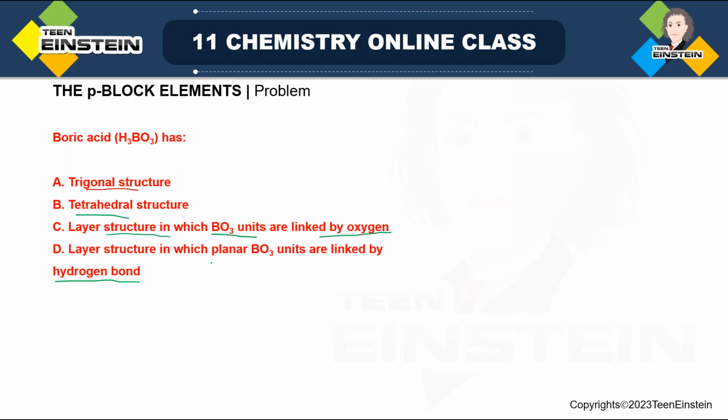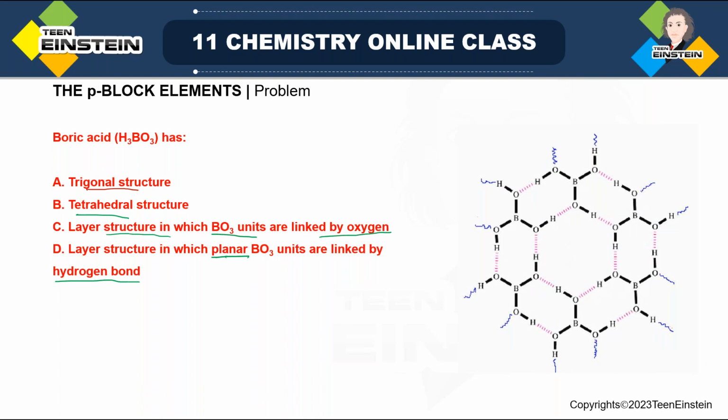Same information, only extra is planar BO3, which is true, and linked by hydrogen, not oxygen. So the first option, we cannot completely say it is not correct, but it is a single choice question, so you cannot choose both of them. A is fine, it is trigonal structure, but that is also only if you consider from the point of view of boron, then this part is trigonal planar.